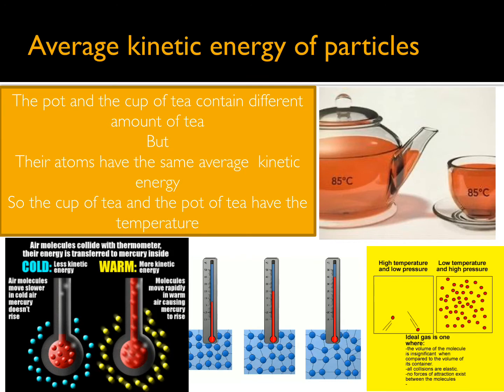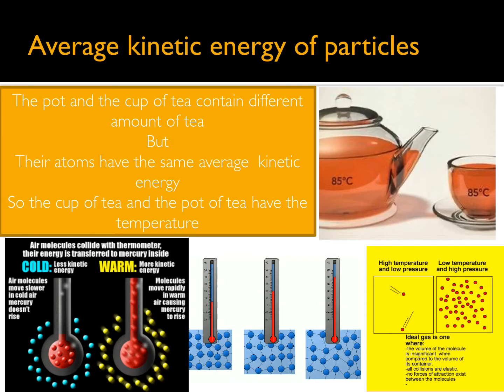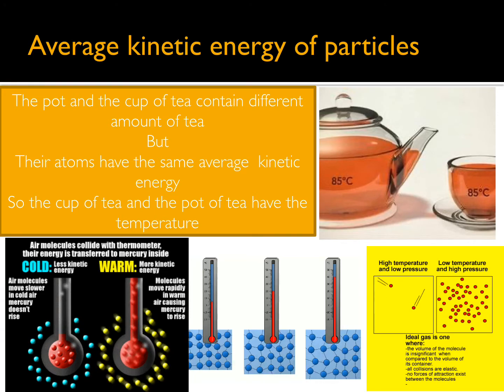Average kinetic energy of particles. There's a very simple thing in this part I want you to understand and learn. If we had a pot of tea and a cup of tea, now what is the difference between them? The amount. The amount of tea in the cup is less if you compare it to the amount of tea in the pot.